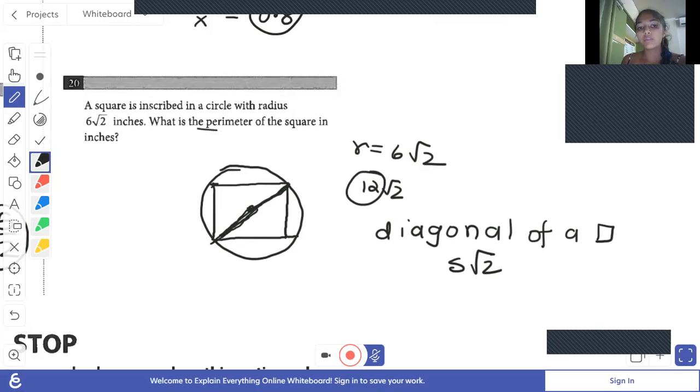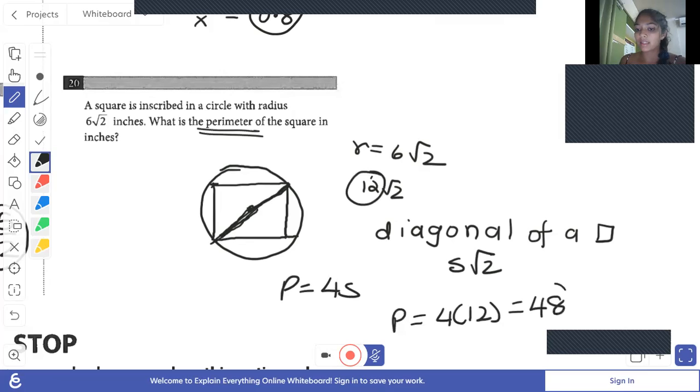Now they've asked us for the perimeter of the square, and the perimeter is 4s, so p equal to 4s, and we know that s equal to 12, so p equal to 4 times 12, which is 48, which should be our answer. And that is it.